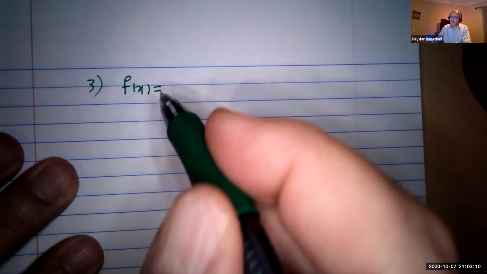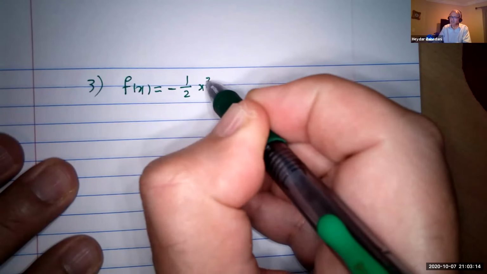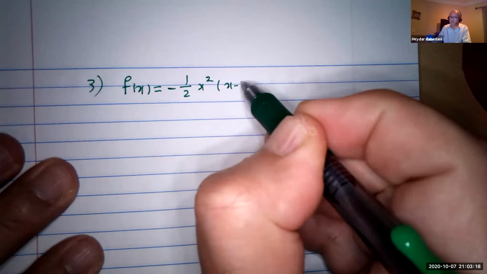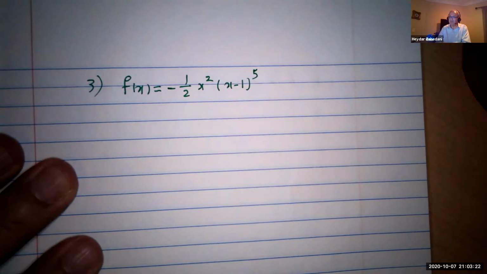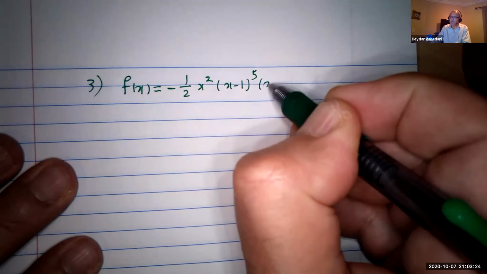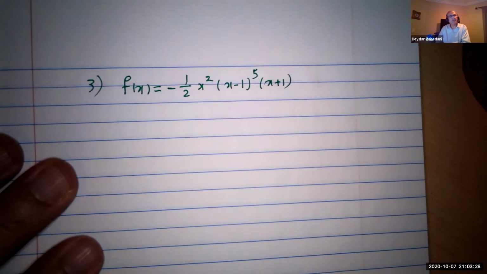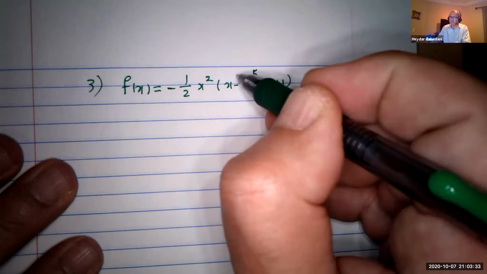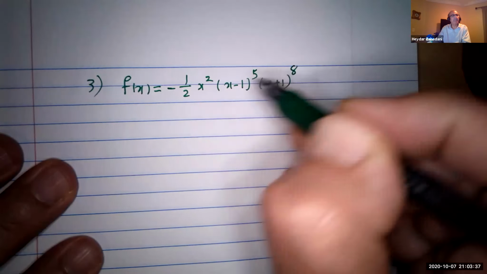f of x is equal to, suppose you have something like, let's say, negative 1/2 x squared times x minus 1 to the fifth times x plus 1, how about to the 8th?